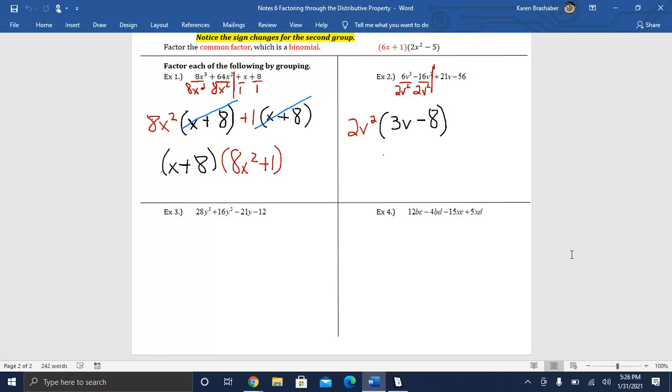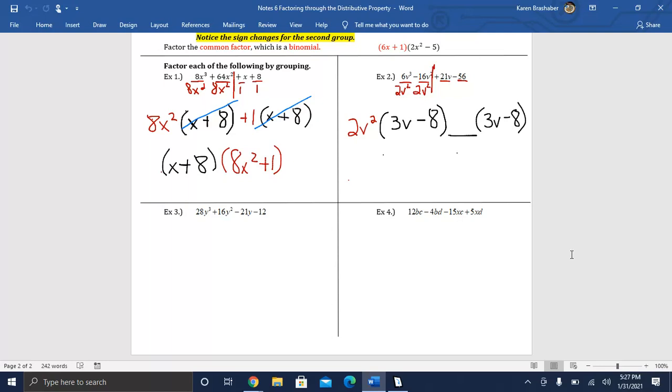All right, so we move on to the second half of the parentheses. And we have 21v and negative 56. Now, remember that I told you that the 3v minus 8 is going to have to repeat. So you could go ahead and write the 3v minus 8 and then try to figure out what number will fill in this space that I'm drawing right here that divides into both 21 and negative 56.